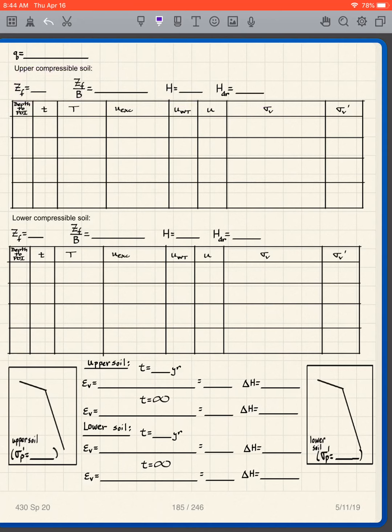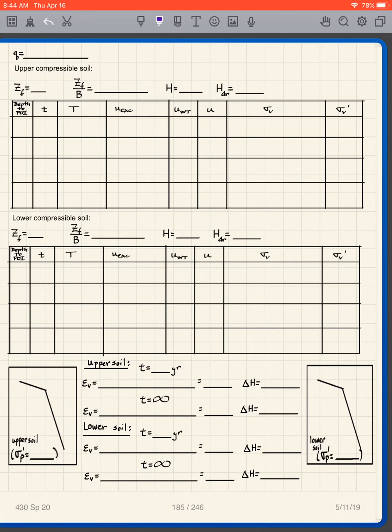You got to get your Q. You have to do the ZF and ZF over B for the upper and lower. And then, we've done this a million times, but you can do the epsilon V calculations with our stress strain curves. Okay, so this is the table I want you to fill out.